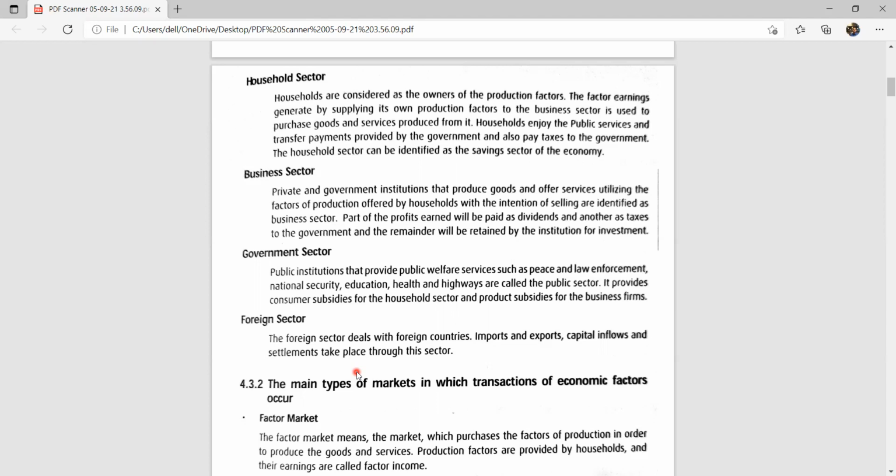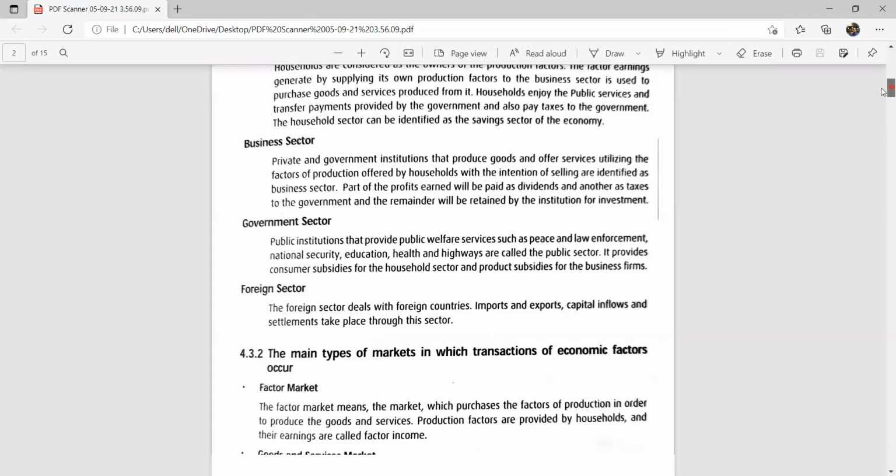Meanwhile, we are supposed to pay some expenses when we use their resources. Whatever, all the transactions are considered when we trade with rest of the world. So it says here, foreign sector deals with foreign countries, imports and exports, capital inflows, and settlement takes place through this sector.